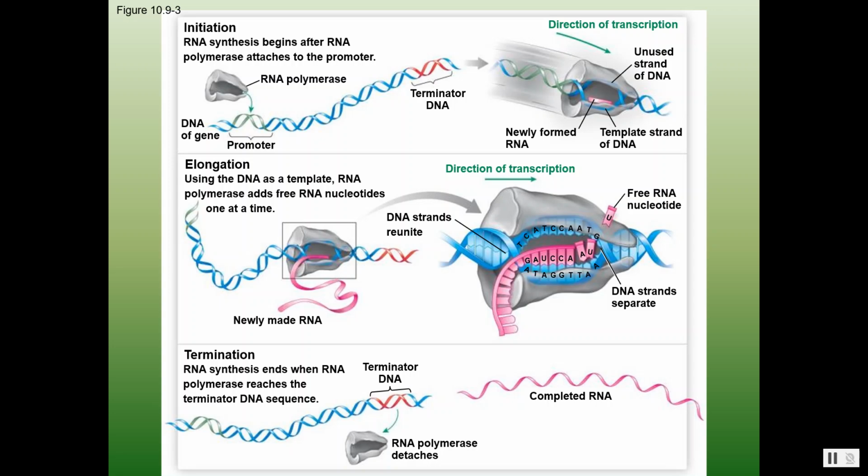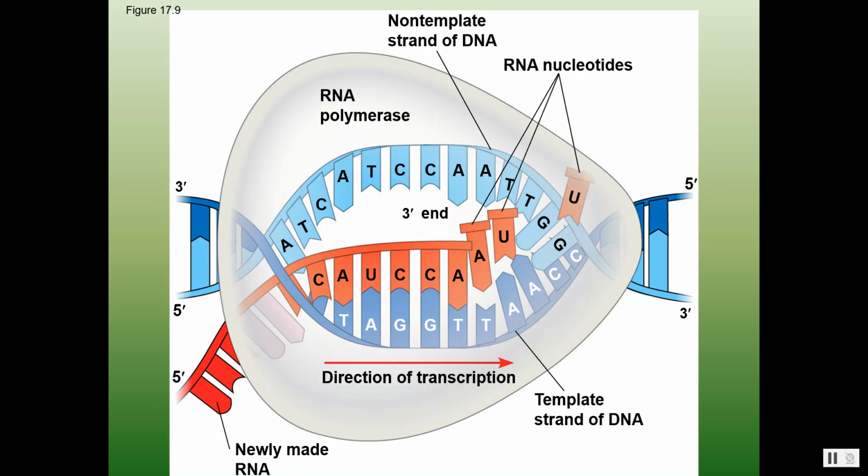The completed RNA goes, and it's going to be translated, and the DNA can be used over and over again. This is a close-up picture of the RNA polymerase binding to the DNA, opening it up and pairing it up.